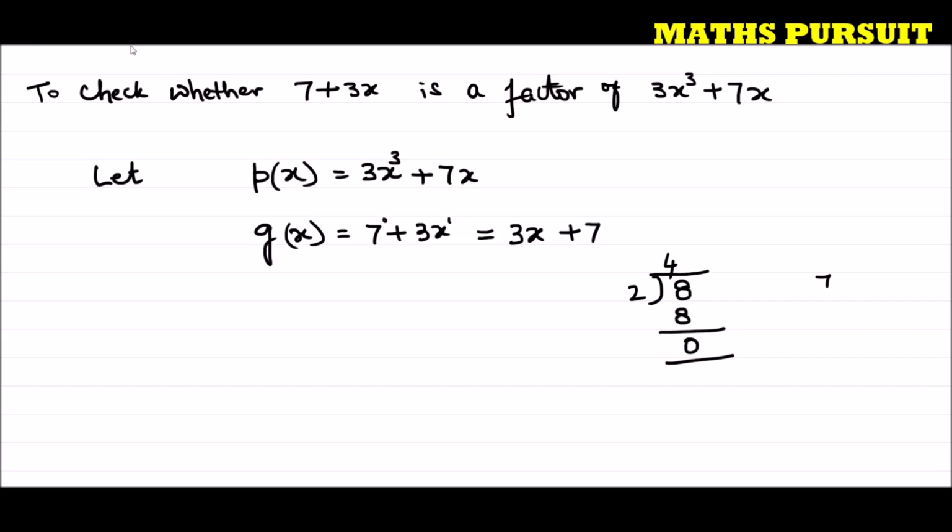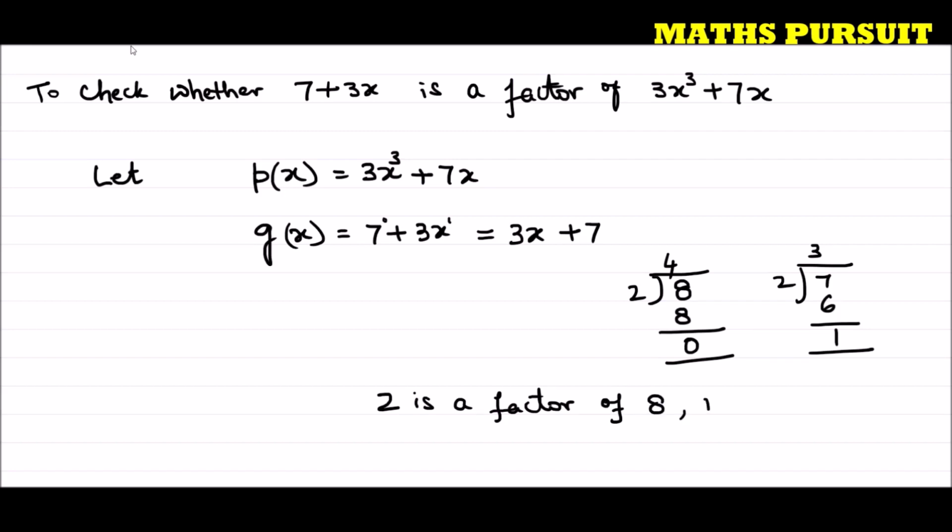If I am dividing 7 by 2, I am getting the remainder as 1. From the first example we can say that 2 is a factor of 8.